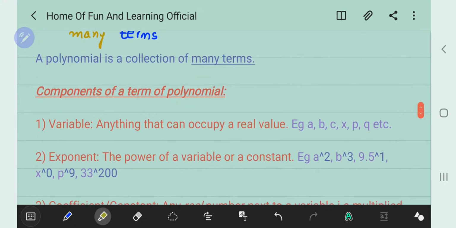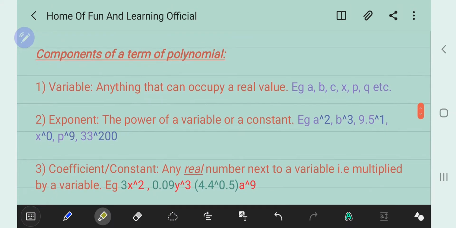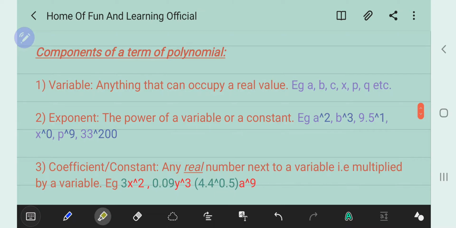And the third component is a coefficient or a constant. That is any real number that's next to a variable, which means that it is multiplied by a variable. That is defined as a coefficient or a constant.